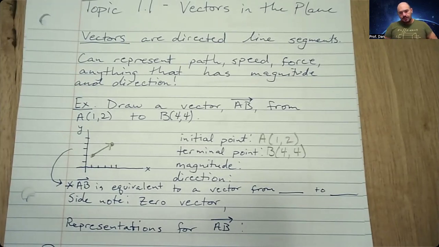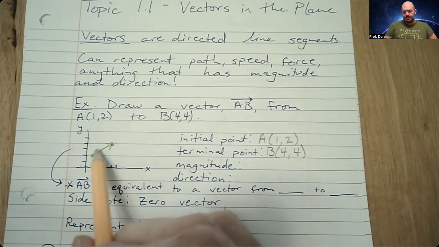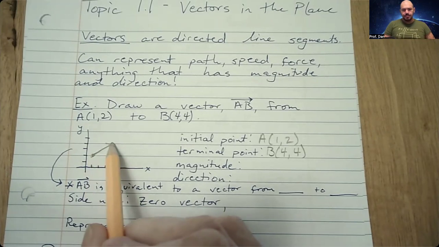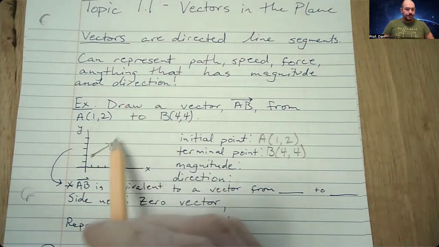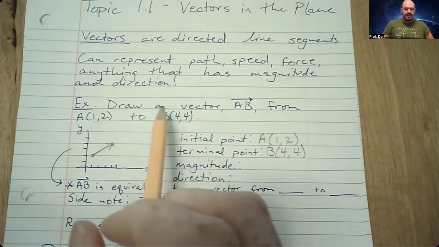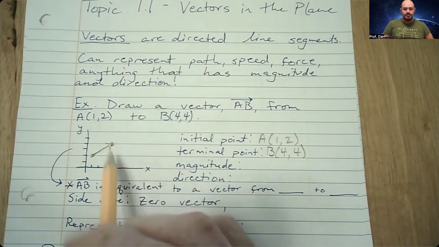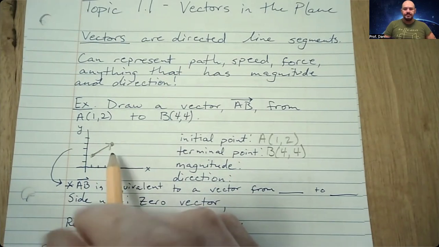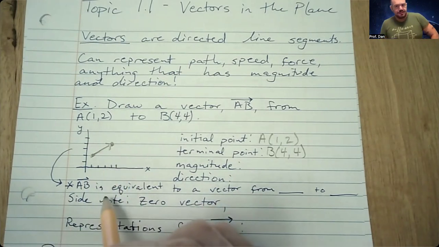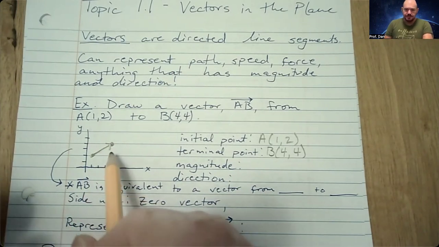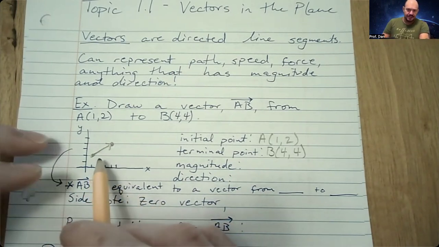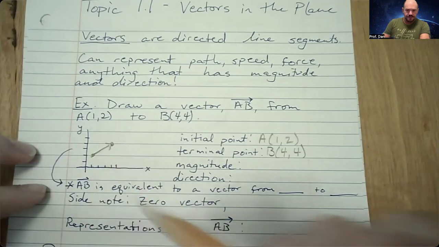What I mean by that is the magnitude we can think of as the length or the distance from point A to point B. Right? Depending on what this vector represents, that could be a speed, it could be a distance, it could be a force, a weight, a current, right? Anything you can think of that has, again, a strength and a direction.